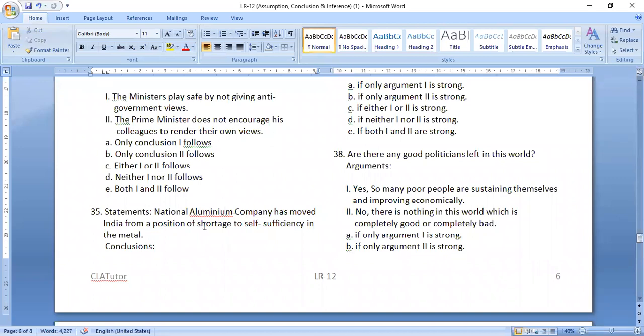See, they say that India has moved from a position of shortage to self-sufficiency in the metal. So at one point it had a shortage, and from the word self-sufficiency, we can infer that aluminium was being imported, right?